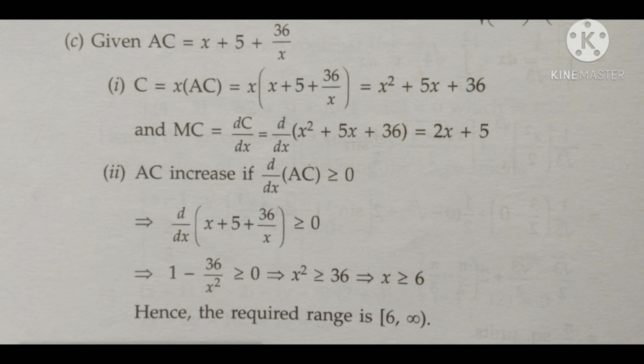If the question mentions that average cost is strictly increasing, then you should go for d/dx of AC greater than 0. There will be no equal sign for a strictly increasing function.